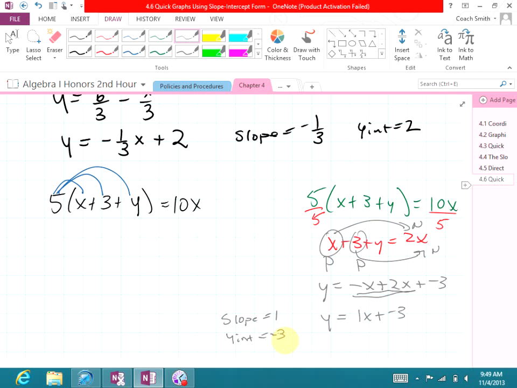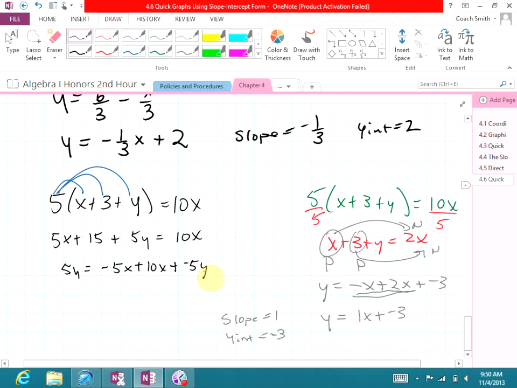Now, if I was to distribute like I talked about first, you would have 5x plus 15 plus 5y equals 10x. That would give me 5y equals negative 5x plus 10x plus negative 15.